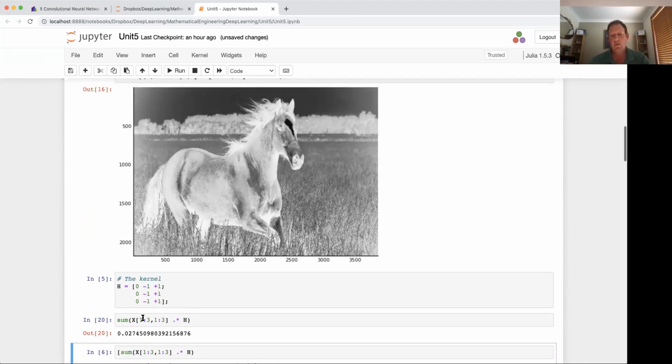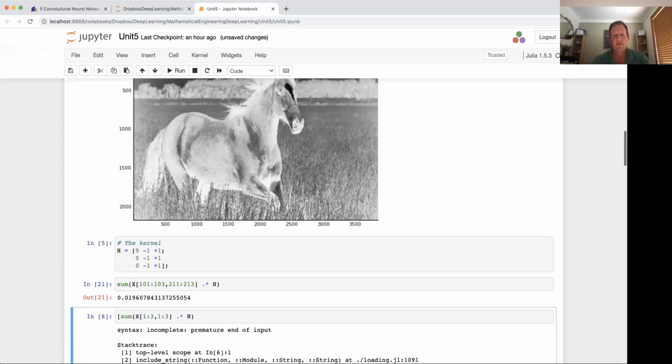Now I want to go to all boxes. Like I want to go to 101 to 103 and 211 to 213. That's a different 3x3 box.